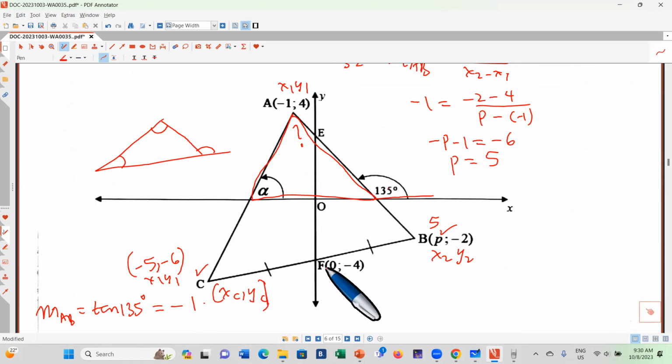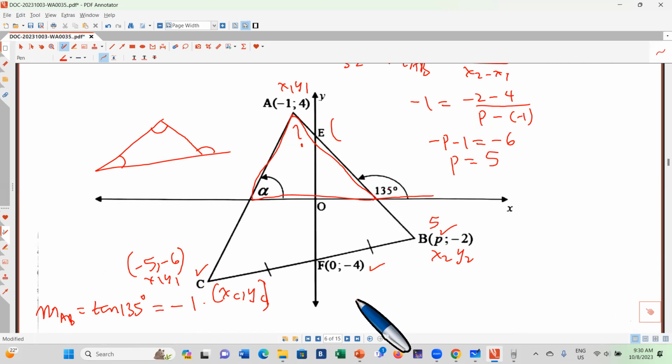There is a triangle there. There are a couple of ways to consider this. What are the coordinates of any of the points here? The coordinates of F are these. What are the coordinates of the point E?